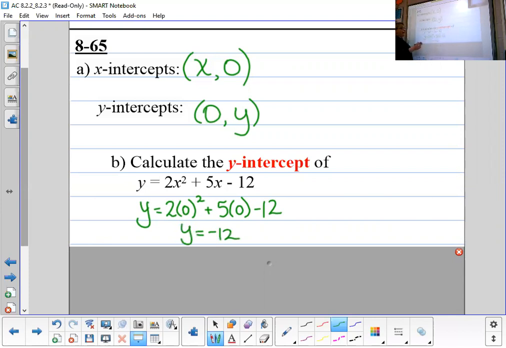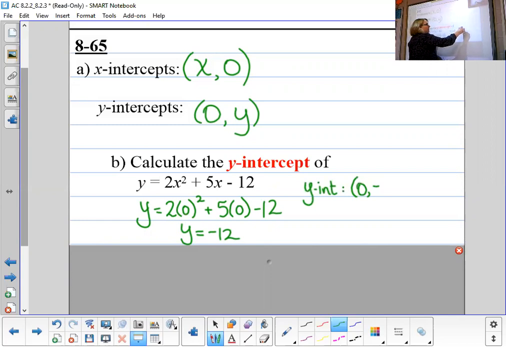Now remember, anytime I ask you to tell me a point, give it to me as an ordered pair. So x-intercept, y-intercept, vertex, all of those you should write down as an ordered pair. So the y-intercept is the point (0, negative 12).